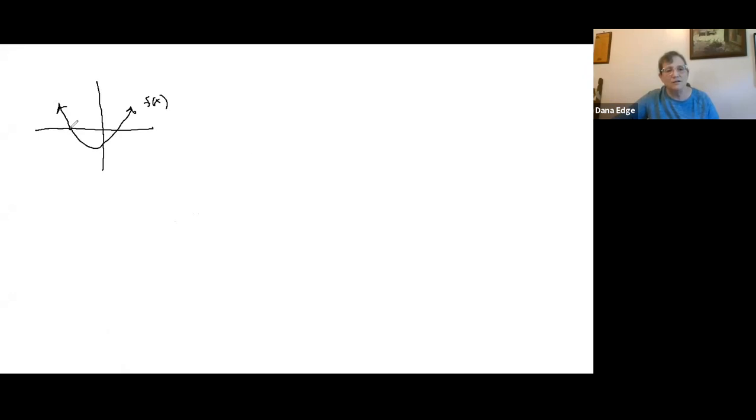And I'm going to call this point A, and I'm going to call this B. F of x is equal to 0 at x equals A and x equals B. In other words, f of x means the y. So the y value is 0 at this point and this point. This is the point A, 0, and this is the point B, 0.